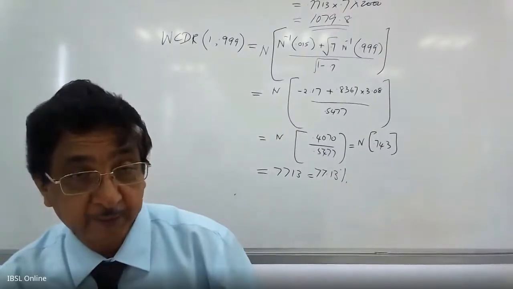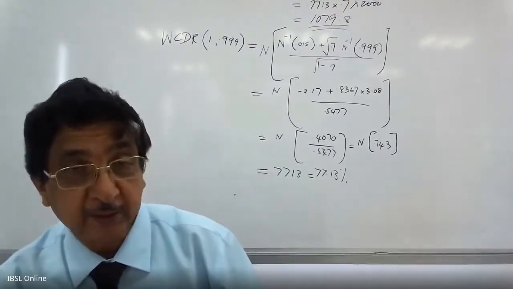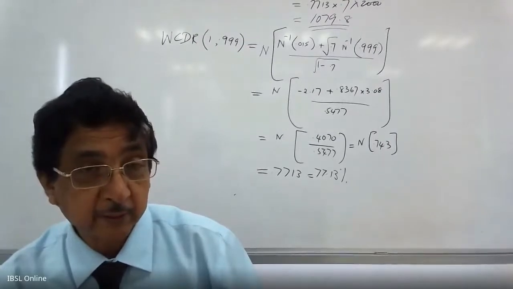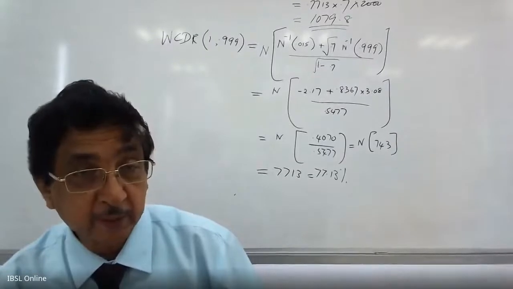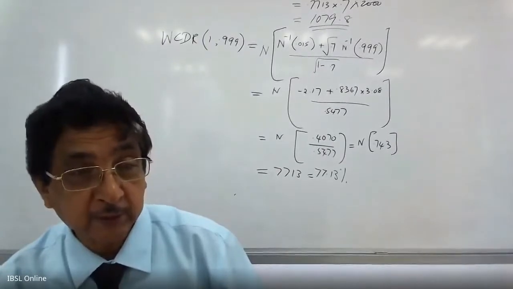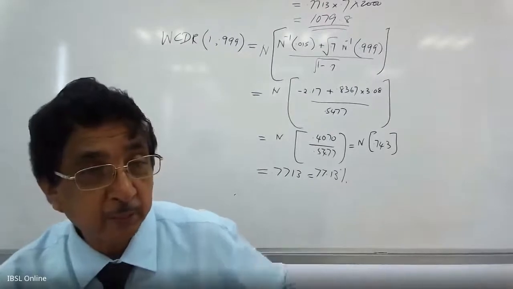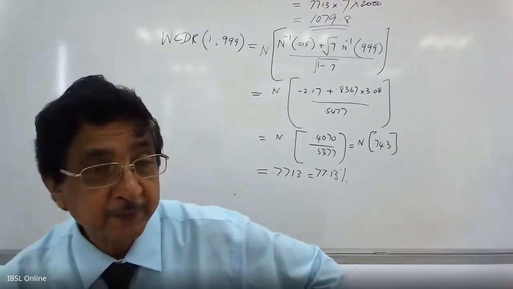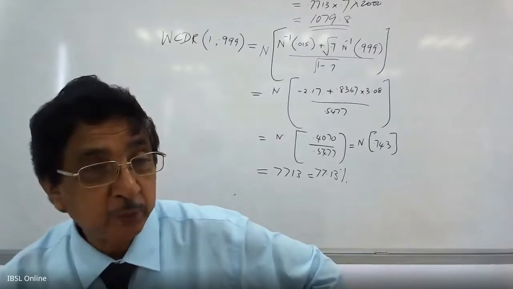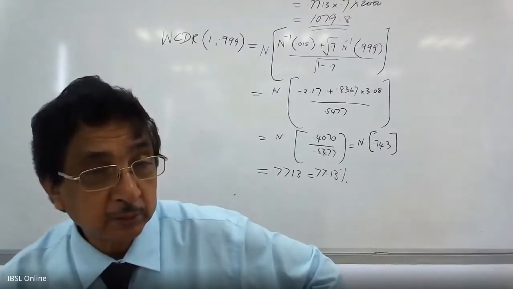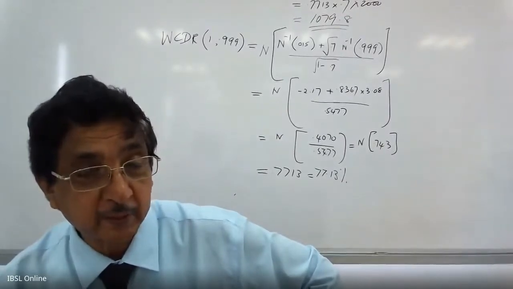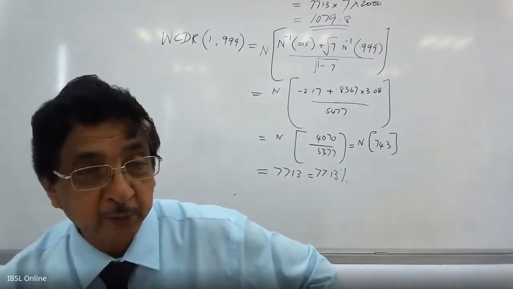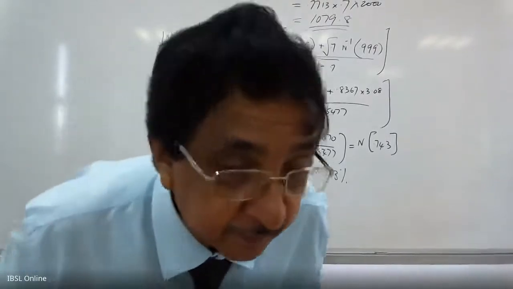I put that as 0.999, and the formula is N of the inverse normal of 0.015 plus square root of 0.7 into inverse normal curve of 0.999, divided by square root of 1 minus 0.7. If you put in the values, you will have these things.